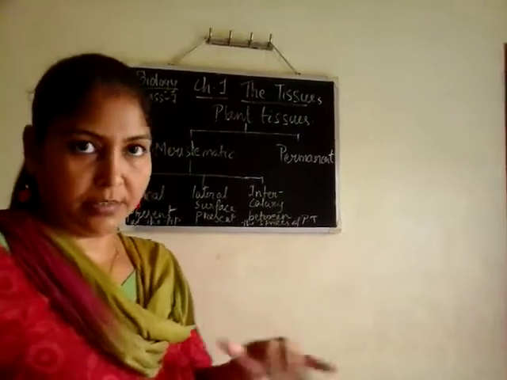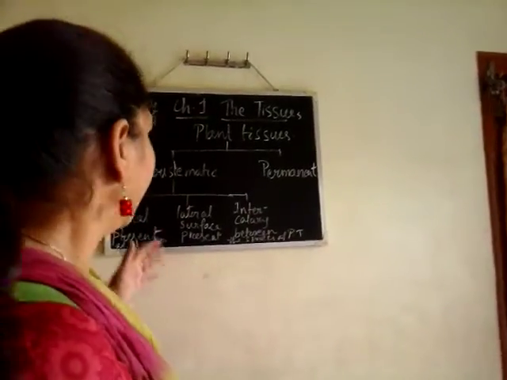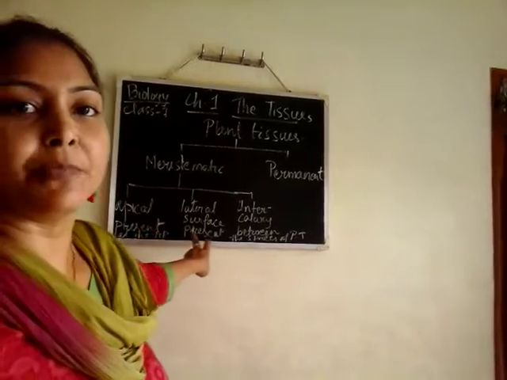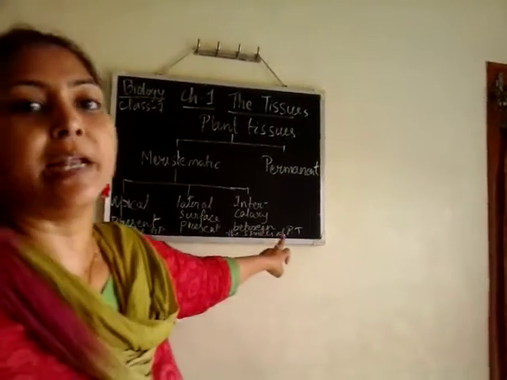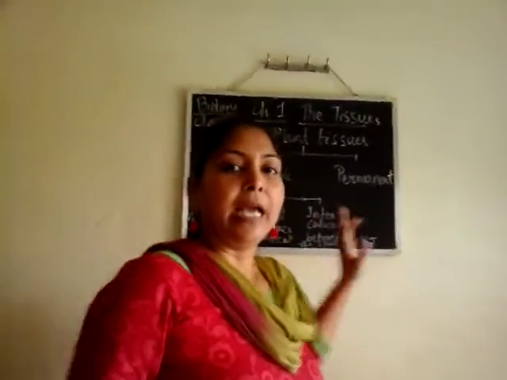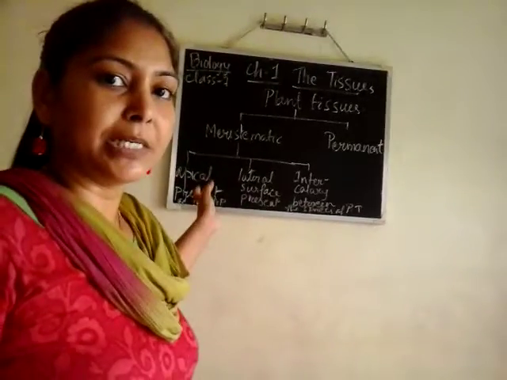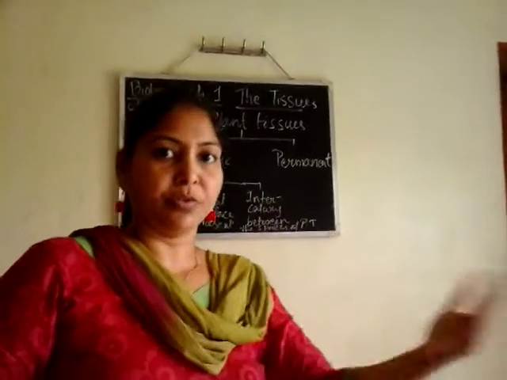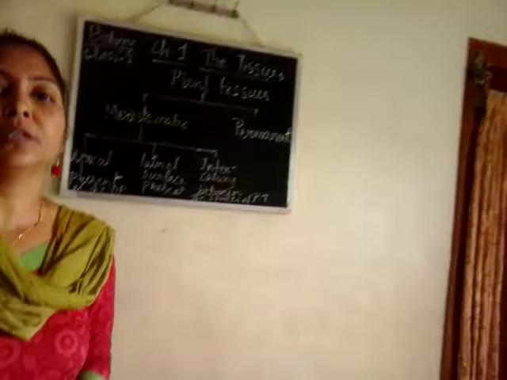So let's try to recap it again. Meristematic tissues are of three types: apical meristematic tissue, lateral meristematic tissue, and intercalary meristematic tissue. Apical meristematic tissues are present at the tip of the parts of the plant, that is, in case of roots, the tip of the root, and also at the tip of the branches and the tip of the stem.